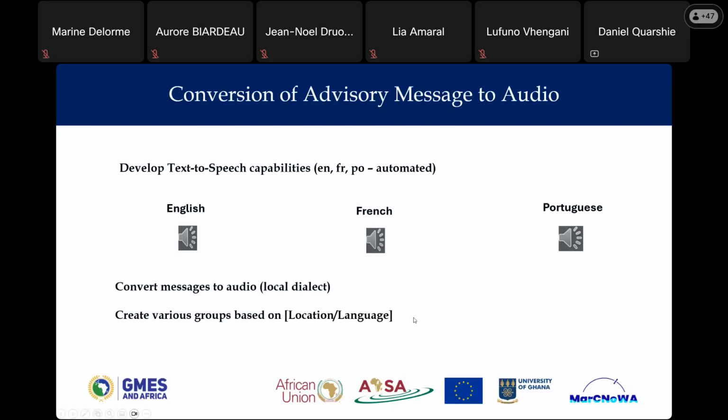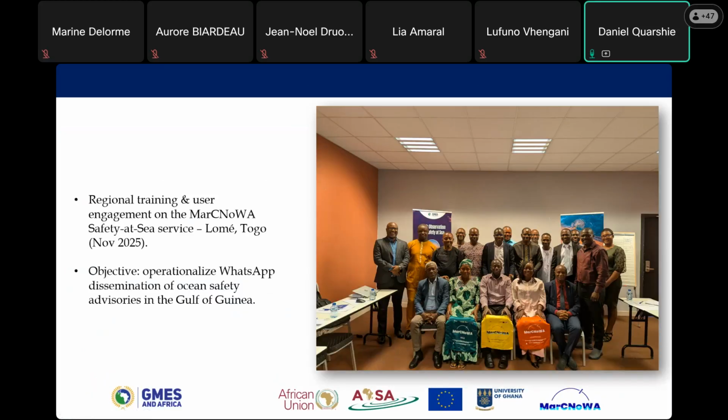All right. So beyond sending this information to the users, we recently had a user engagement to get information from the stakeholders and fishers on how we could operationalize the WhatsApp dissemination of the safety at sea service. So we met in Togo, where each country was represented by focal points and fishermen.